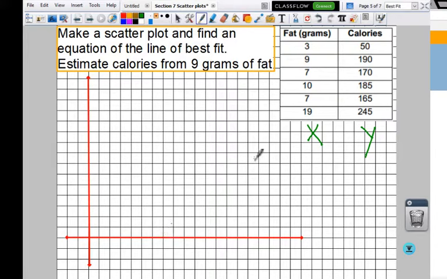Threes. 3s are okay, but I'm going to go by 2s. I'm going to go 2, 4, 6, 8, 10, 12, 14, 16, 18, 20. Make it by 2s, because I don't want to count 19.